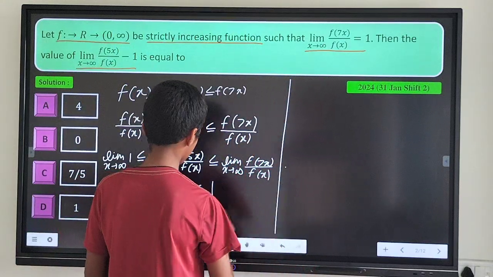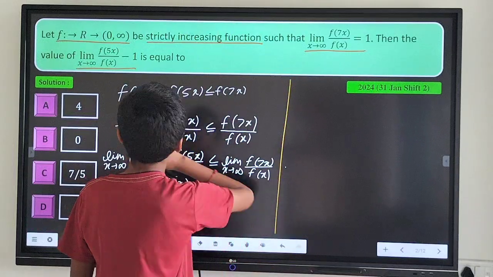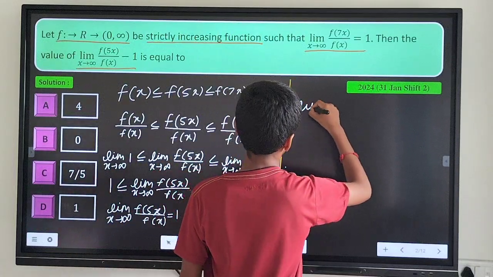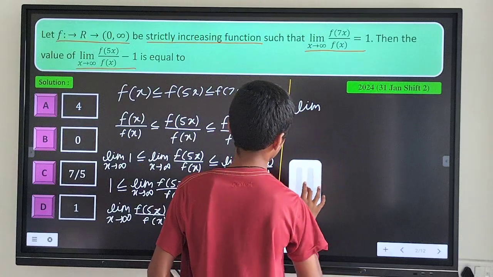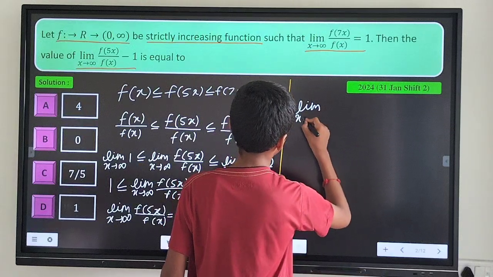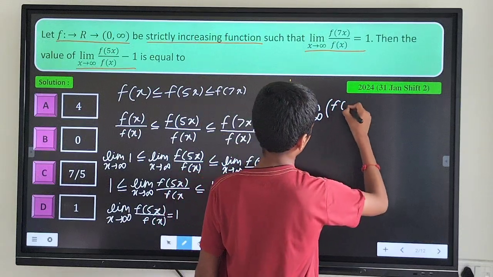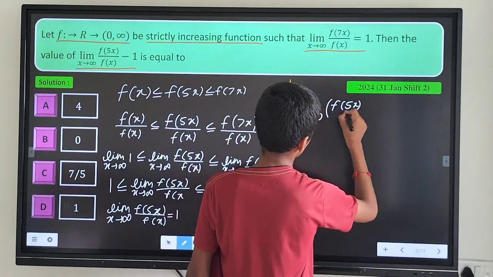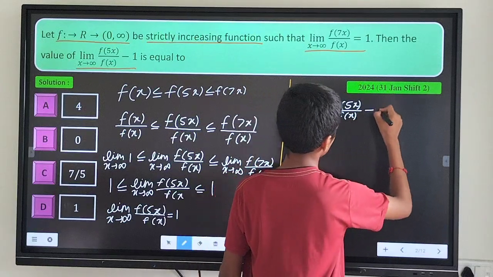Now our question asks us about limit x tends to infinity of f of 5x upon f of x minus 1.